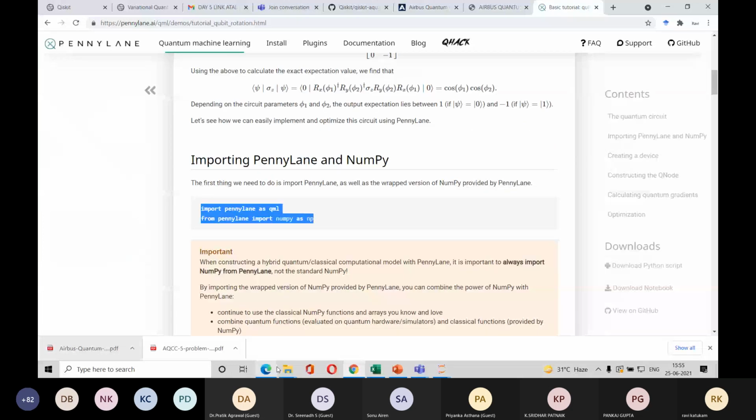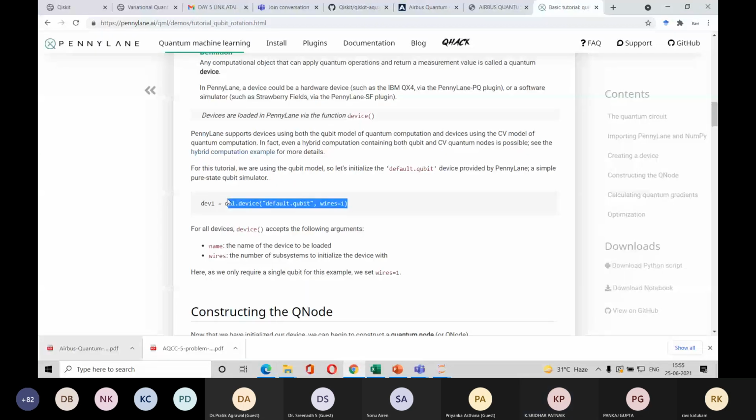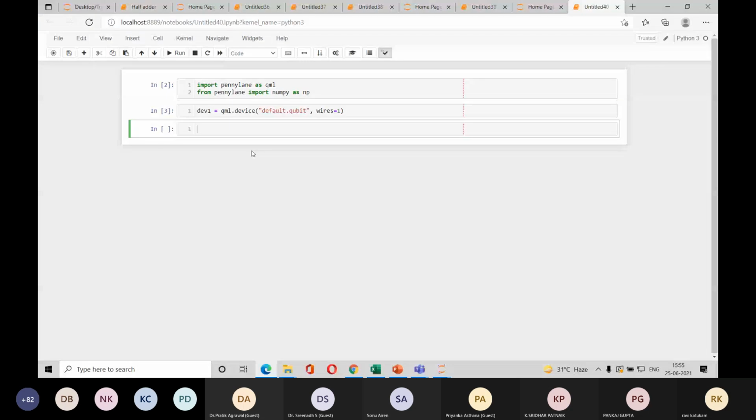PennyLane is one good place for anybody who wants to do QML applications. I'm trying to show you one simple tutorial for using PennyLane, and once you understand, you can build complex networks using this.